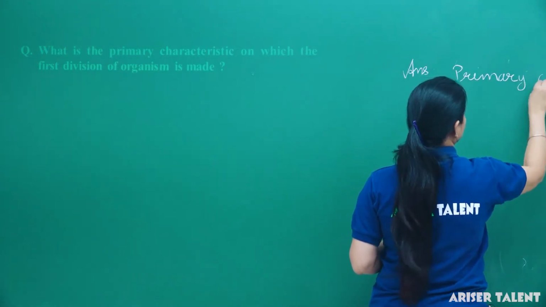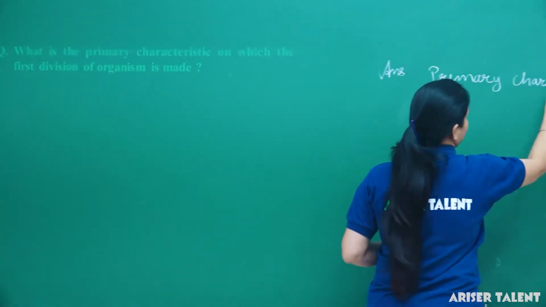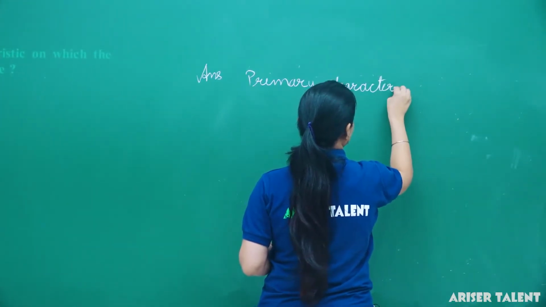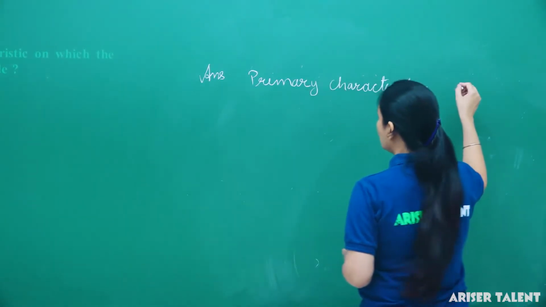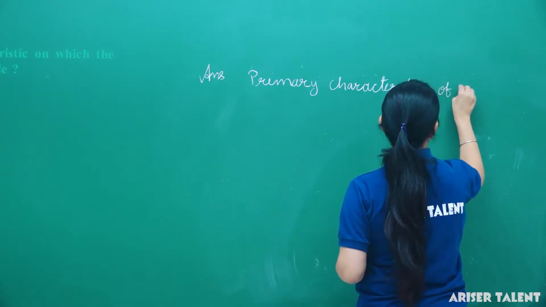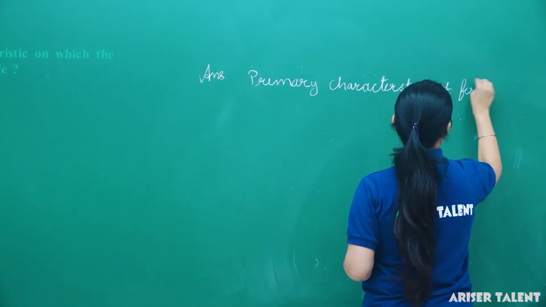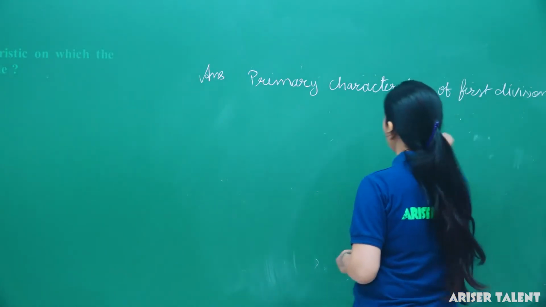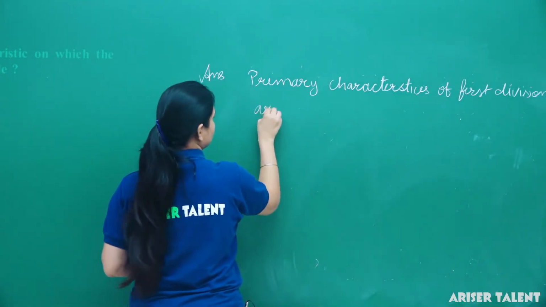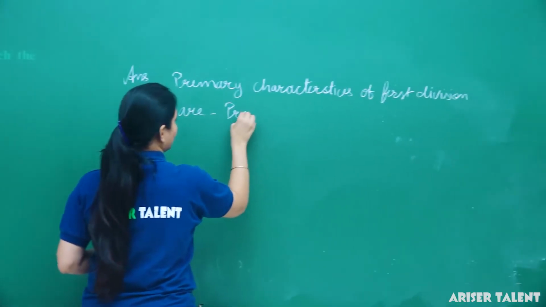Primary characteristics of first division are prokaryotic.